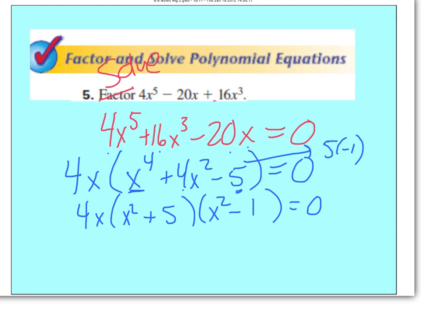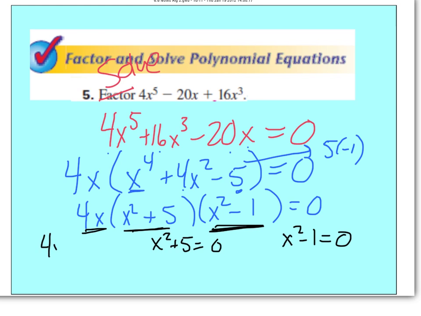Now instead of factoring further, because it's solve, when it's down to an x squared, I can just set each of these factors equal to 0. It's a shortcut. Because this last one here is factorable, but I don't necessarily have to factor it. Here's what I can do. I'm going to take x squared minus 1, set it equal to 0, and solve. And the same thing with x squared plus 5 equals 0, and 4x equals 0.